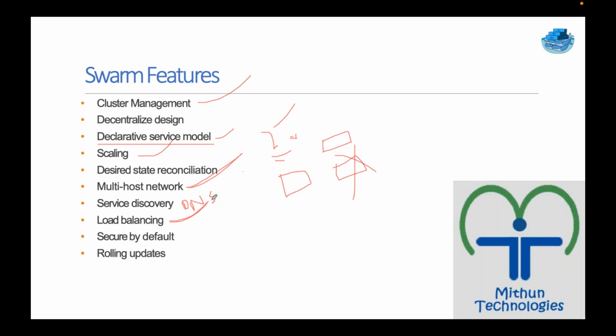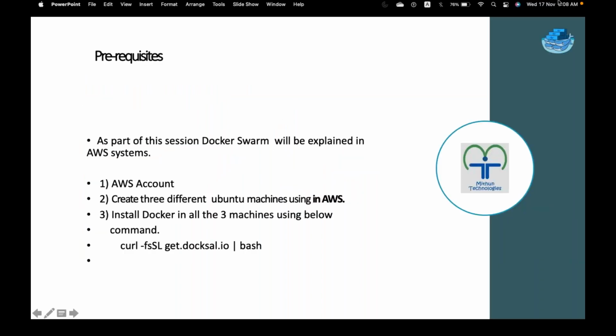So one application will be able to communicate with another application using the service name, irrespective of which node that container is running on in that cluster. We need not worry about which worker node it is running on. One service in the cluster will be able to communicate with another service using the service name, because there is service discovery, DNS. So we have a lot of features like this.